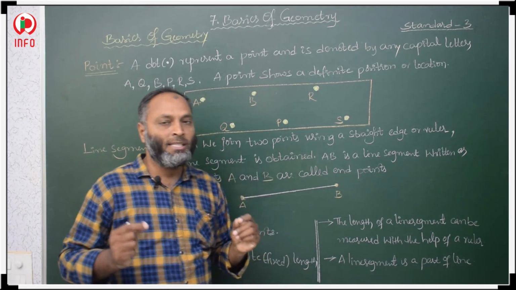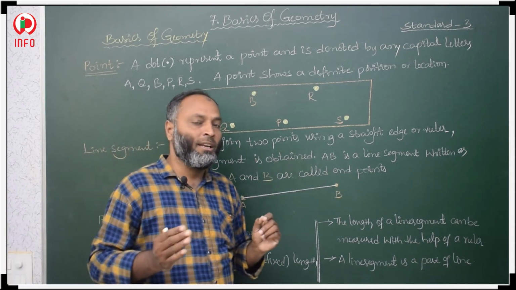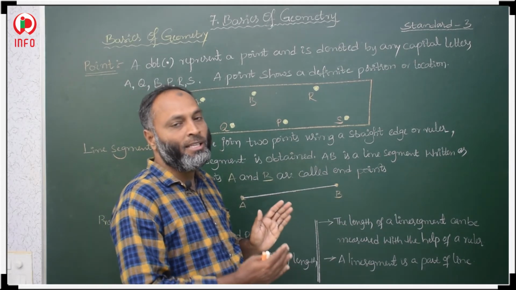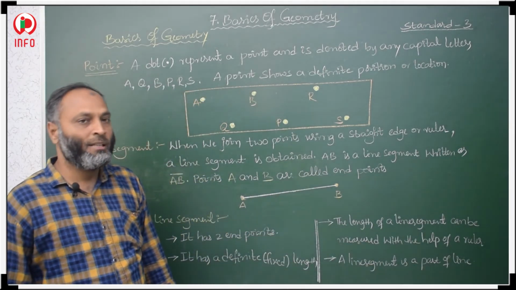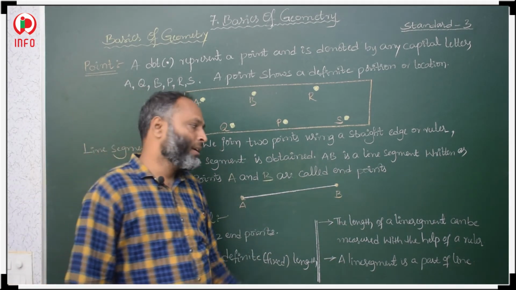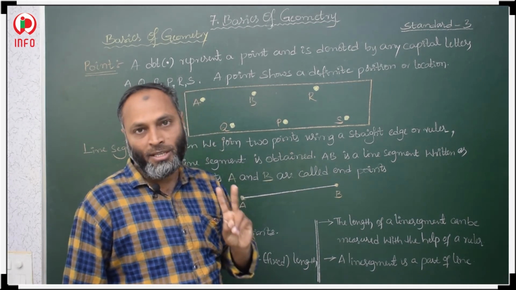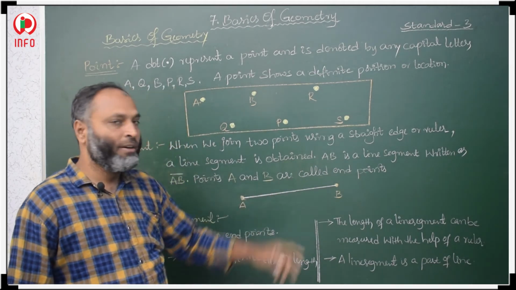Because a line segment has two endpoints, that is why the length is fixed. So that is why we can measure the length of a line segment also. The first property, it has two endpoints, and the second property, we can measure the length of a line segment. Why? Because it has two endpoints.